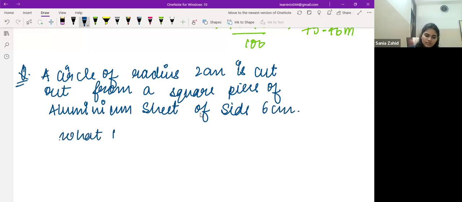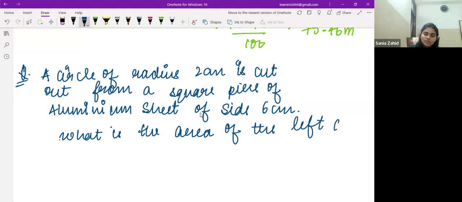What is the area of the leftover aluminium sheet?